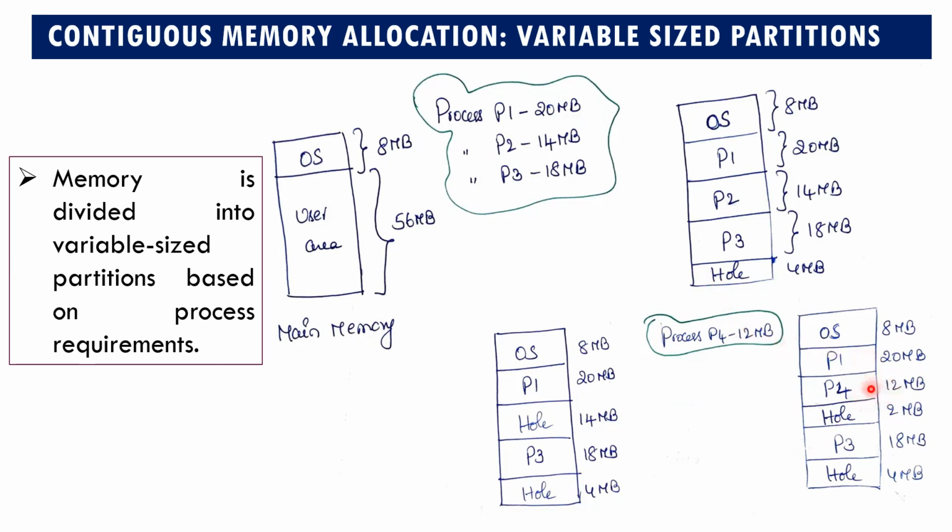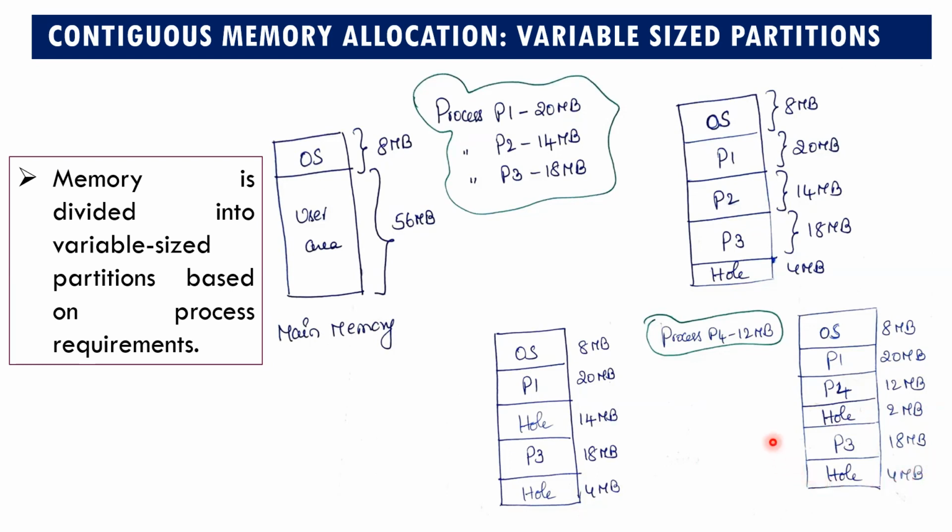So process P4 will be allocated this particular region of memory, which is of size 12 MB. And out of 14, we have allocated 12 MB and the remaining 2 MB hole is again created. Now the total hole size is 2 MB plus 4 MB, which is 6 MB.